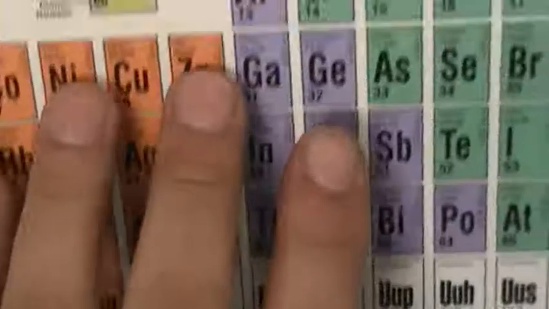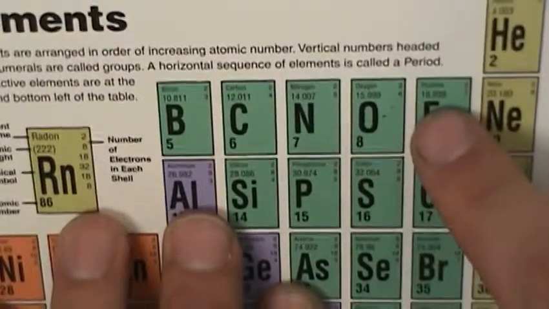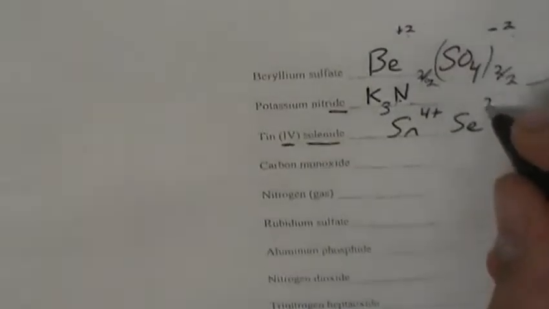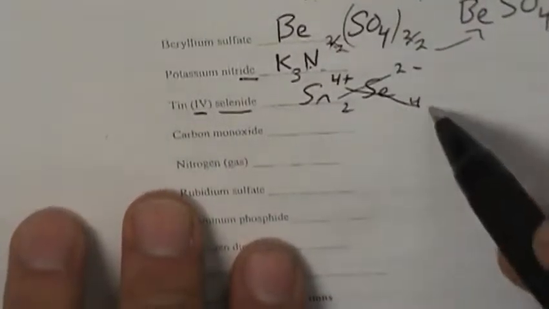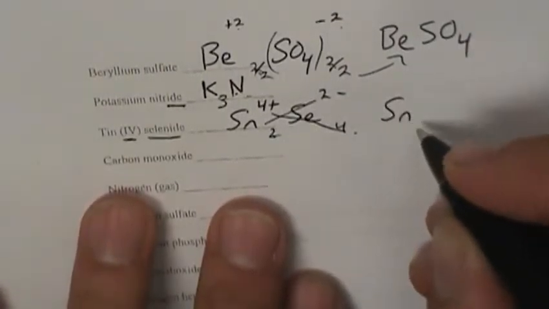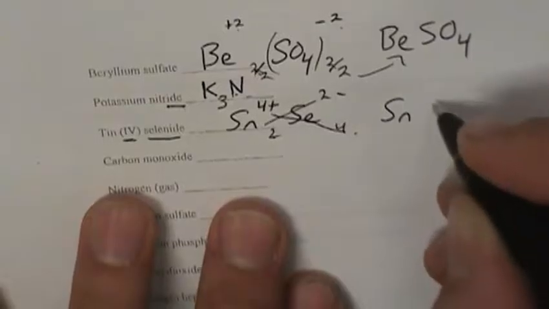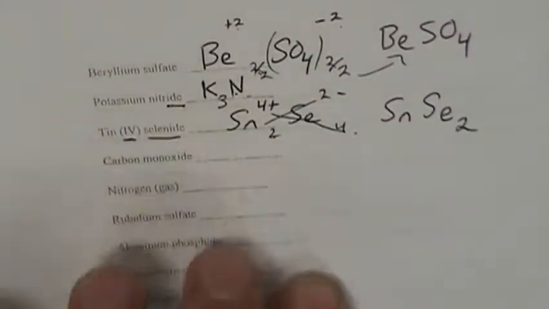We look that up on the periodic table. It is a non-metal with a -2, because it's in group 16, oxidation. Now, swap and drop here, 2, 4, and then simplify. 2 and 4 both have 2 in common, so I'm going to divide everything by 2. Sn1, I don't write it, Se2. Final answer.